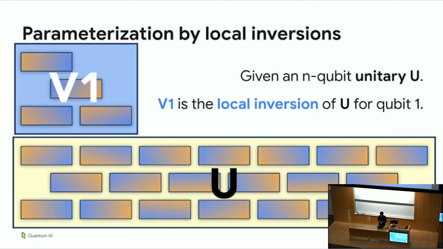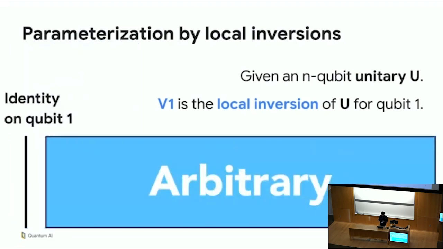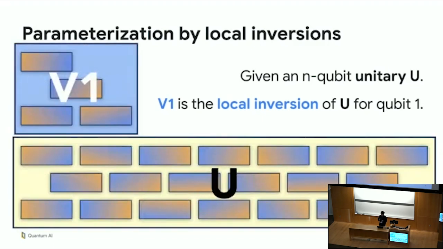So what is the local inversion? If V1 is the local inversion for qubit 1, then when we compose U and V1, so U followed by V1, that transformation will act as identity on the first qubit and arbitrarily on the rest of the qubits. So that's the definition of local inversion.